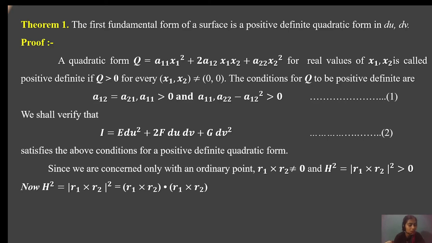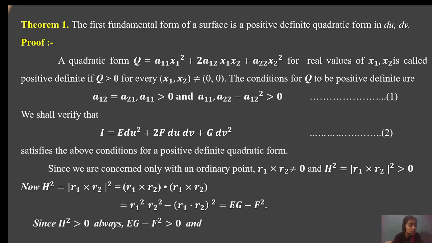Now H square equals (r1 cross r2) dot (r1 cross r2), which gives r1 square into r2 square minus (r1 dot r2) square, which equals EG minus F square. Since it is given that H square is greater than 0, EG minus F square is always greater than 0.